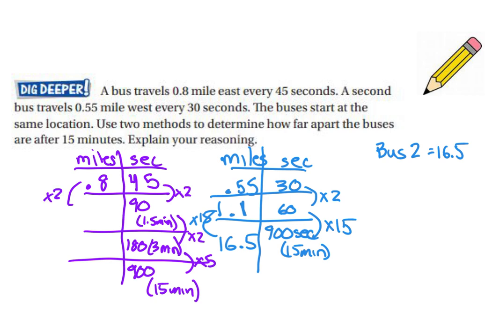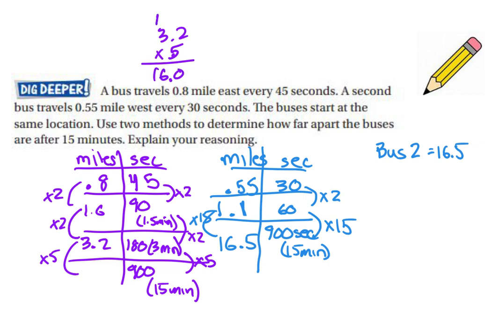0.8 times 2 is 1.6. 1.6 times 2 is 3.2. And 3.2 times 5 is 16.